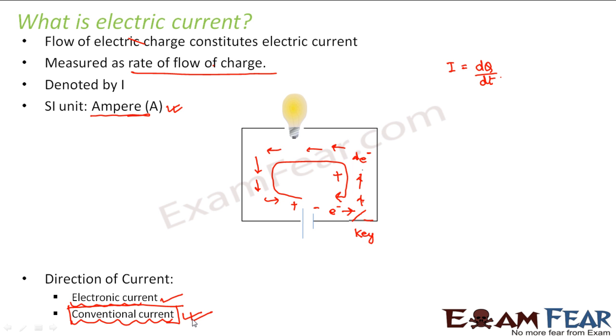They decided, okay, let us follow this convention, and since that time, this convention has been followed. So it is nothing but a matter of convention that we consider the direction of current opposite to the direction of flow of electrons. Clear? So you are clear with the electronic current and conventional current part?